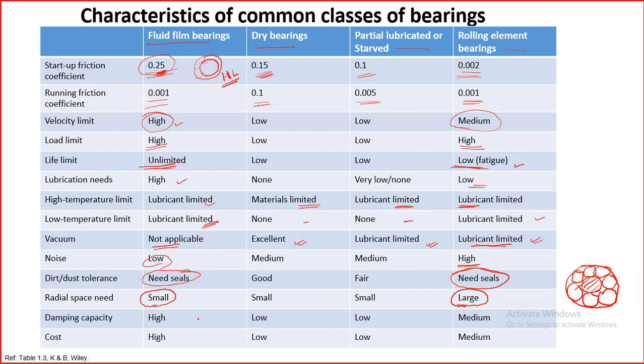Damping capacity is very high, and this is medium, and the cost of fluid film bearings can be very high, depending upon the type of bearing, and this one is medium, and these two are good in the sense that they are very cheap, and many times people try to use dry bearings or partially lubricated bearings for this reason.